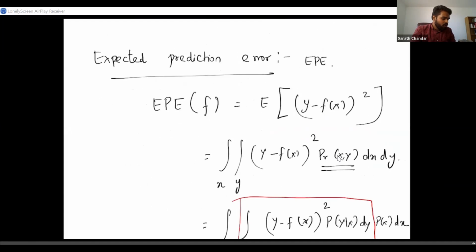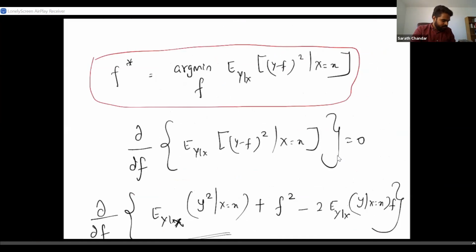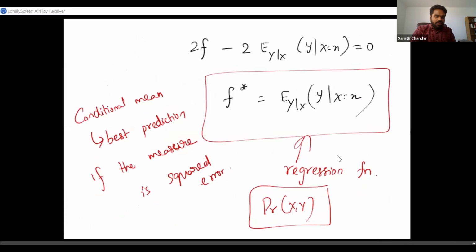What we found is that for regression, the conditional mean is the optimal thing to do if you are measuring your error by squared error. We discussed how nearest neighbor is trying to approximate this conditional mean, and also how linear regression or least squares is trying to approximate this conditional mean.